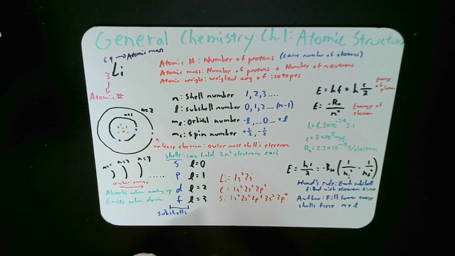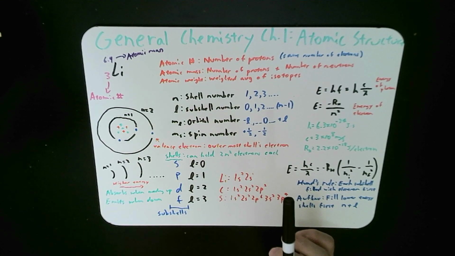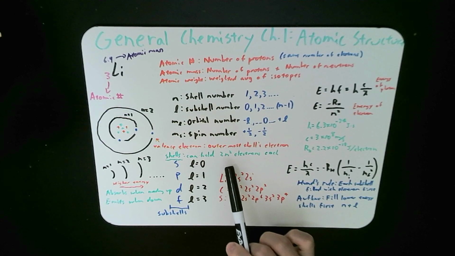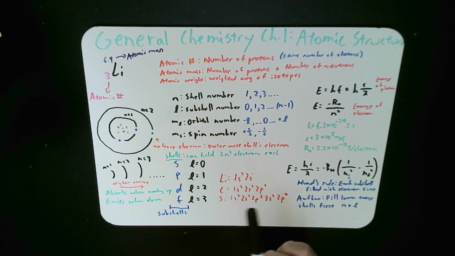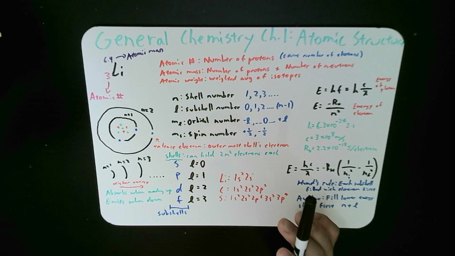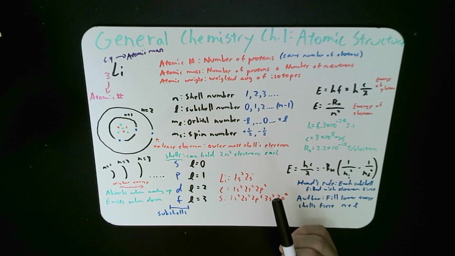Now, how do we know how many electrons each shell holds? Shells can hold 2n squared electrons each. So let's say for n equals 4, it can hold 4 squared, that's 16, times 2, so it can hold up to 32 electrons in total in that shell.